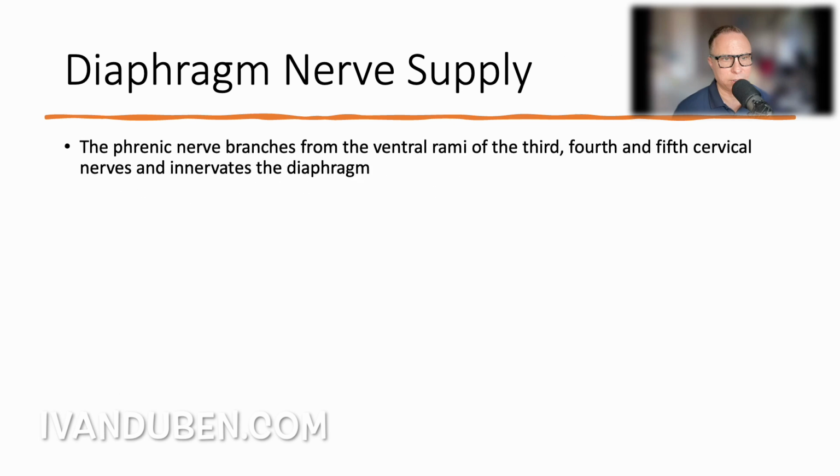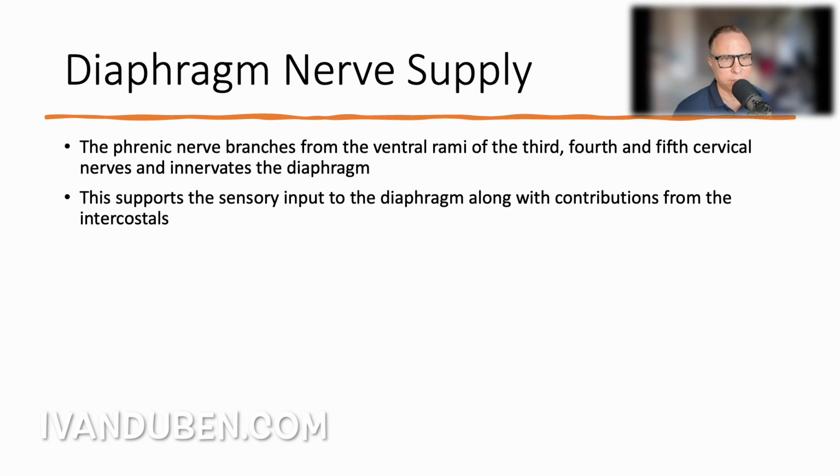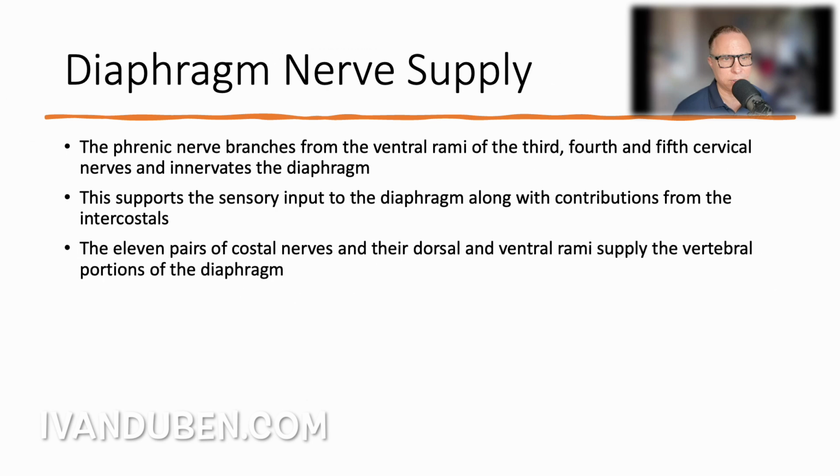The phrenic nerve branches from the ventral rami of the 3rd, 4th, and 5th cervical nerves and innervates the diaphragm. This supports the sensory input to the diaphragm along with contributions from the intercostals. The 11 pairs of costal nerves and their dorsal and ventral rami supply the vertebral portions of the diaphragm.